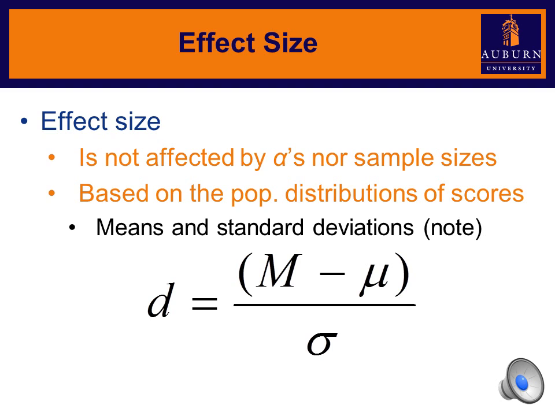You will also notice that the formula is not much different than our z-statistic formula. The only thing that has changed is that denominator. It is no longer standard error, it is now standard deviation. We'll call this the effect size. We'll call this D, which is the symbol for Cohen's D, or Cohen's effect size.